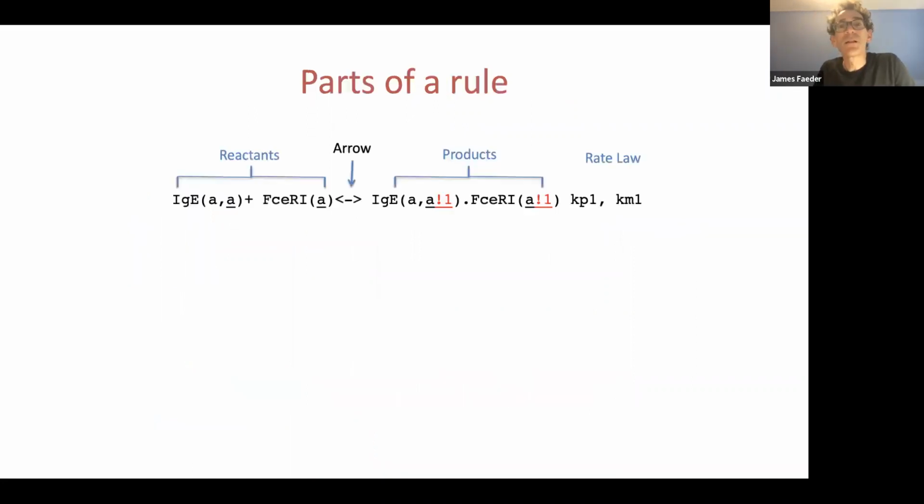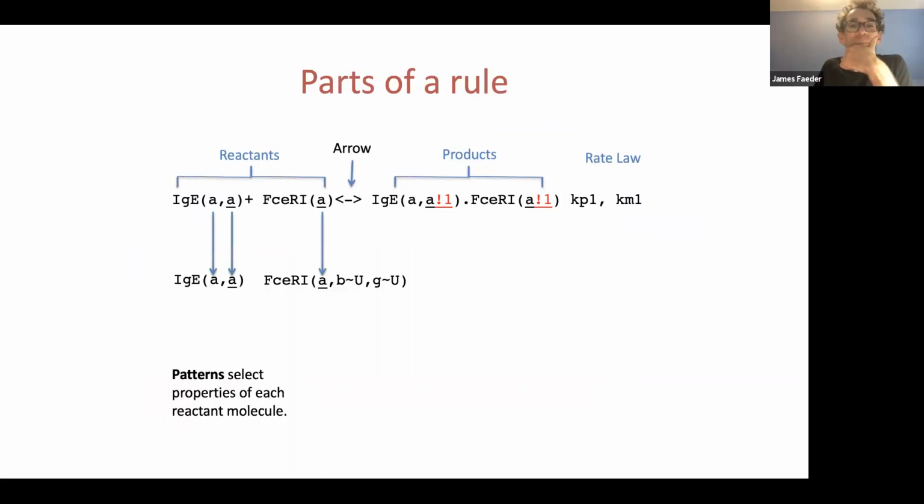Right. I think there's some more terminology here. The most important thing, which I've alluded to but haven't really shown you, is the idea of a pattern. The patterns select the properties of the molecules, but they don't care about the things that aren't mentioned in the pattern. A really nice example is this receptor.